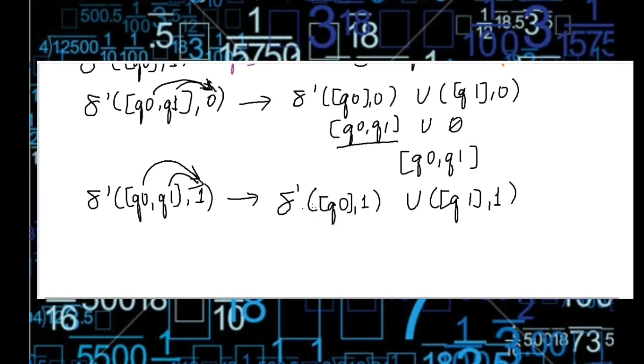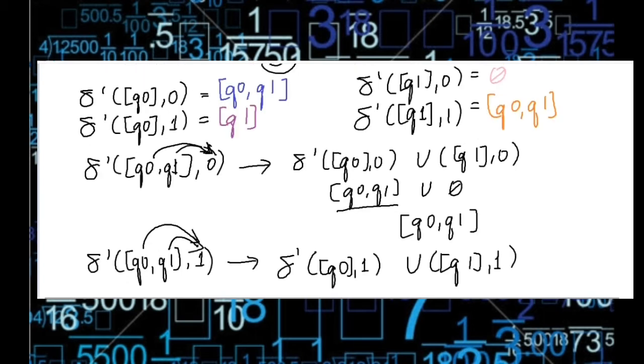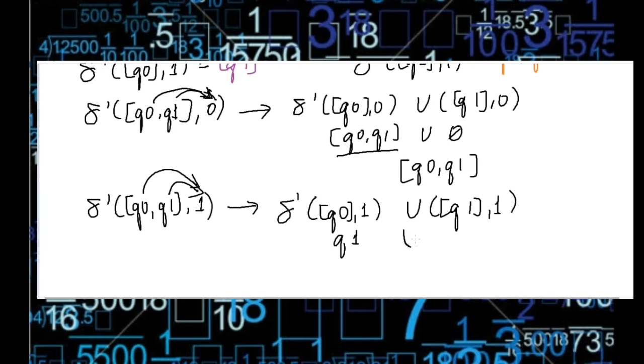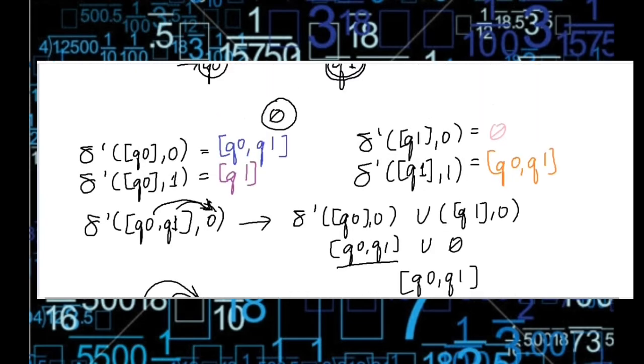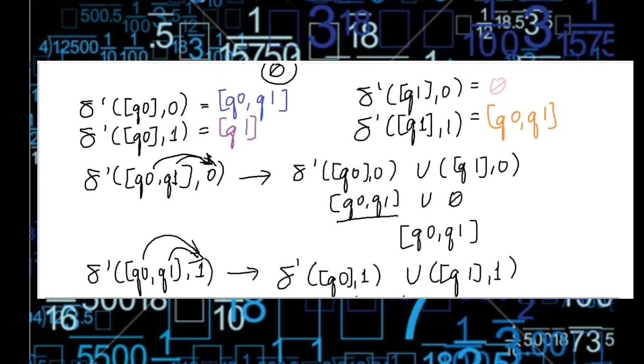Okay, so itong Q0, input ng 1, we solved it already. Here, above. I will encircle using red ink. Q0, mag-i-input ka ng 1. So, ayan yung sagot. So, anong sagot? Q1. Then, union, Q1, input 1. We're done solving it also.